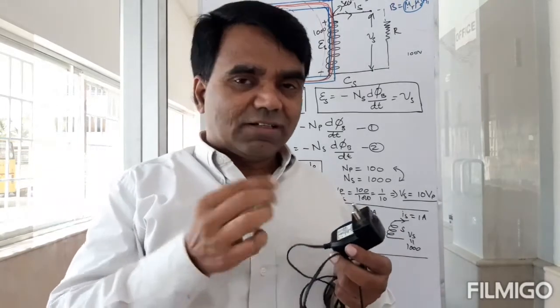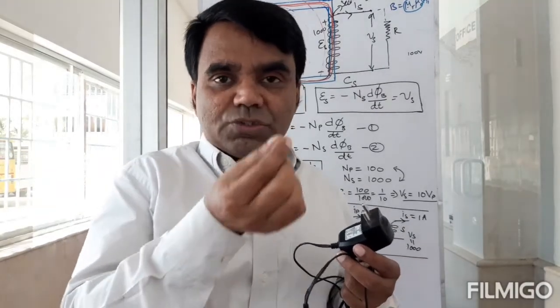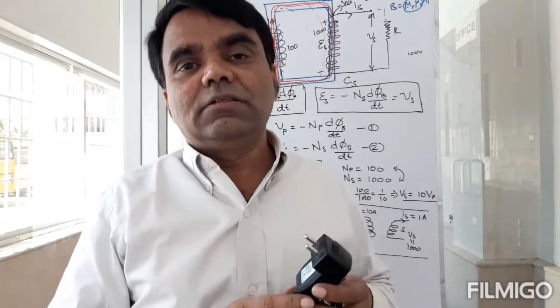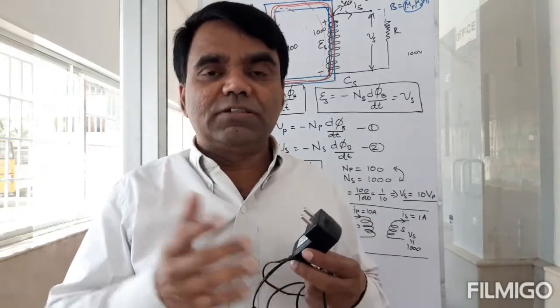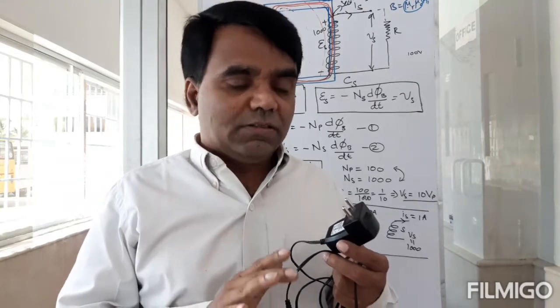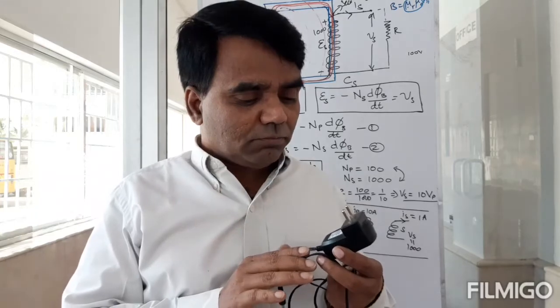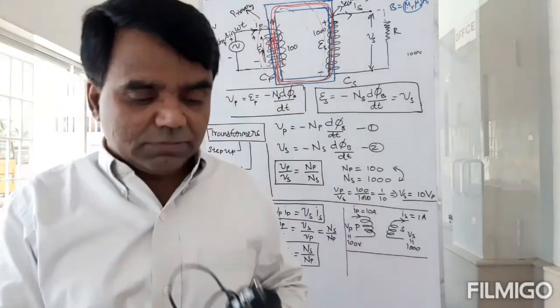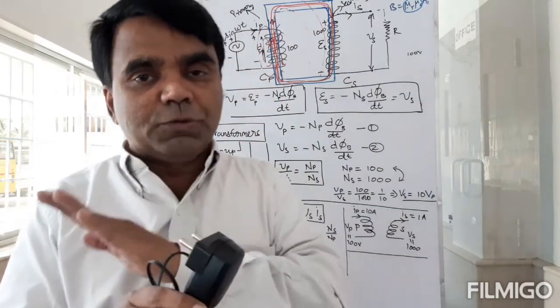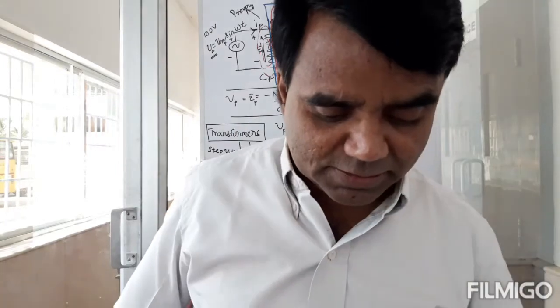You can either have diodes, or sometimes they use some chips which do the same function as the filter or the rectifier circuits. So the same thing happens there too. So what you have here is a step down transformer, because the output is less than the input. I want you to keep that in mind.